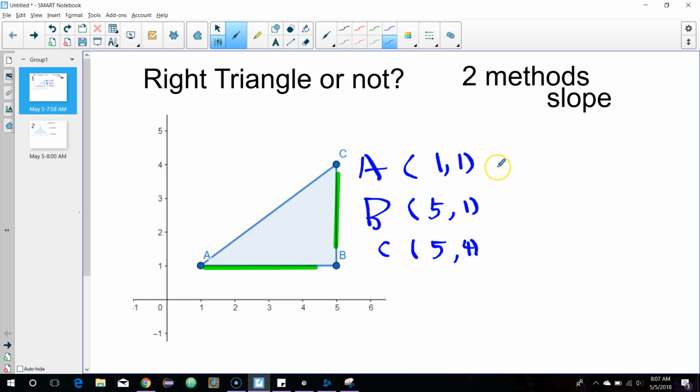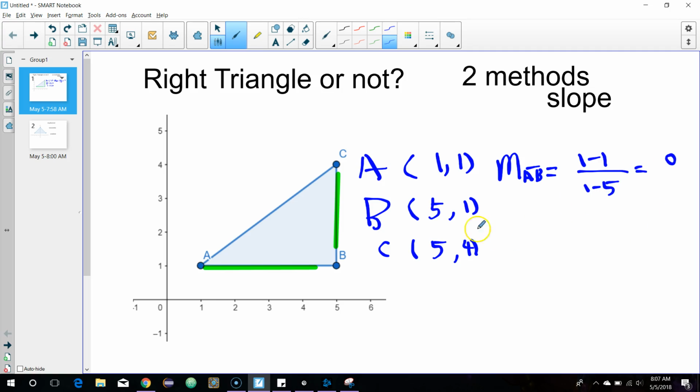Slope, so I would normally put M of AB. That basically means slope of the line AB is going to be 1 minus 1 over 1 minus 5.